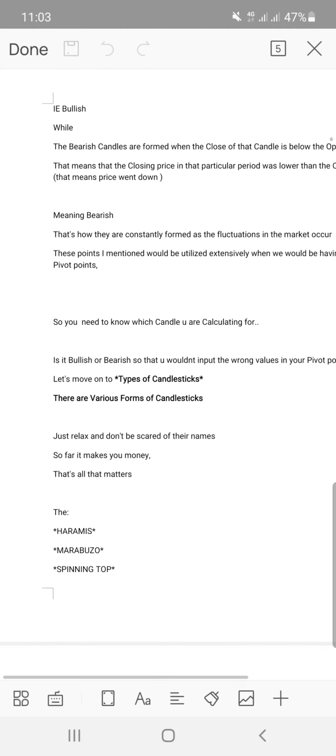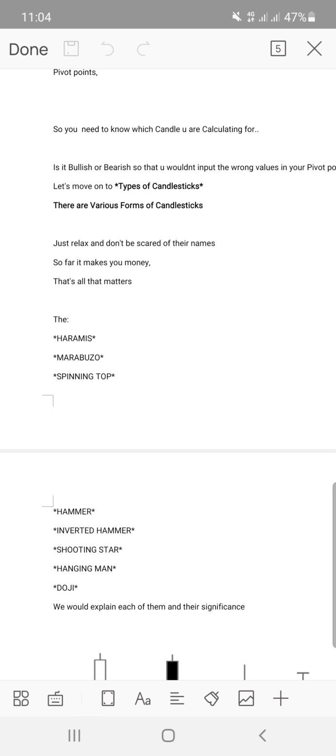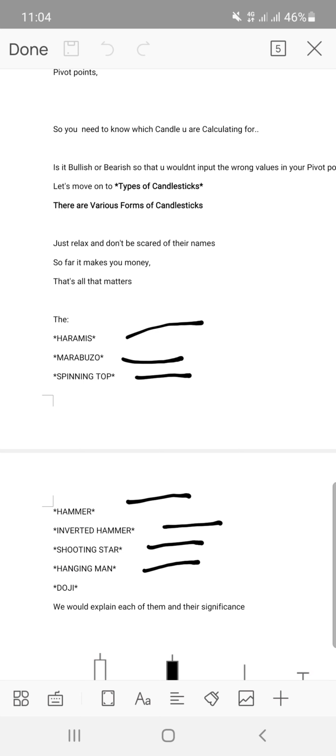Let's move on. Now, there are several kinds of candles, and we're going to be handling them one by one. We have the Harami, we have the Marubozu, we have the spinning top, we have the hammer, we have the inverted hammer, we have the shooting star, we have the hanging man, we have the doji.